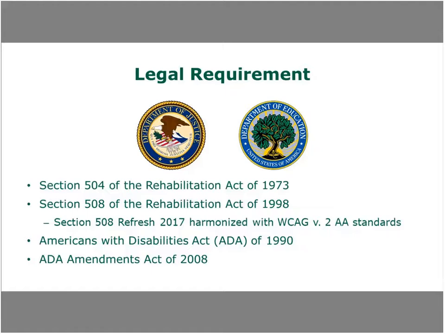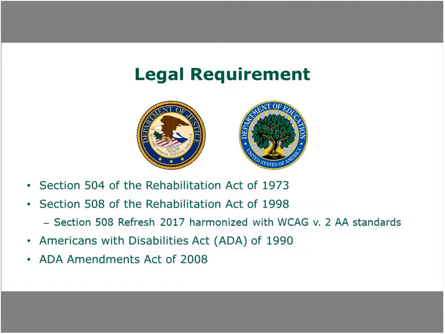The intent of Section 504 and 508 is to ensure that entities that receive federal funding do not discriminate against people with disabilities. And so we certainly, as a public institution that has financial aid as well as multiple federal grants, are an institution that receives federal funding, and because of that, we fall under Section 504 and Section 508.